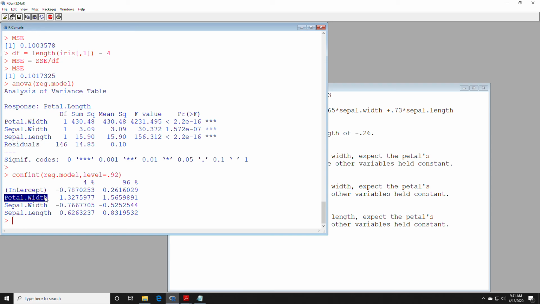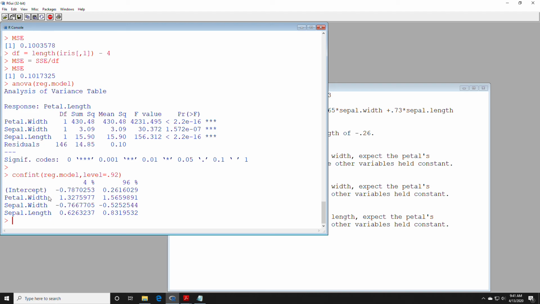For every 1 unit increase in a petal's width, our beta 1 parameter, which relates petal width to petal length, we expect a petal's length to increase between 1.3 and 1.5, right? And we're 92% confident of that, provided the other parameters are held fixed.